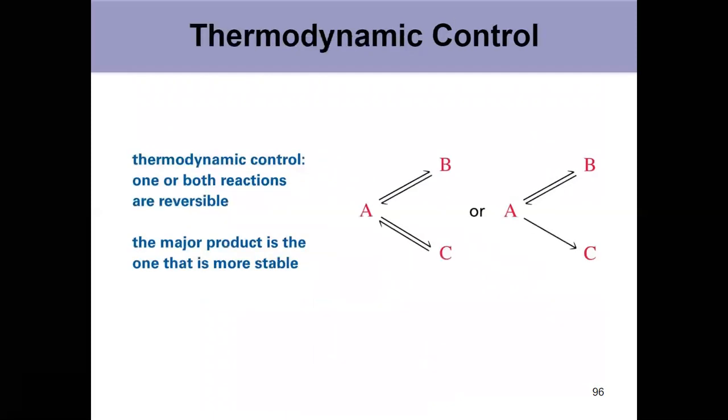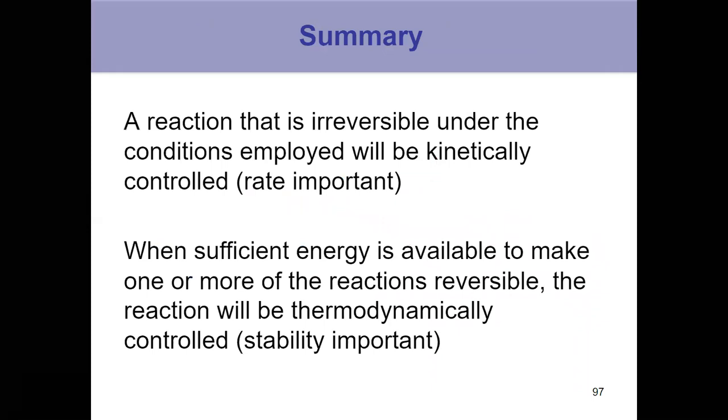If a reaction is under thermodynamic control, reactions are reversible, at least in one way, if not both ways. Note the difference in the arrows. So because you can always interconvert, it's whichever one is more stable at the end of the day. If there's enough energy to get back to the intermediate, and stability is significant, more of the thermodynamic product is formed with time.